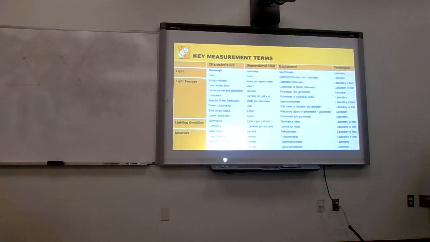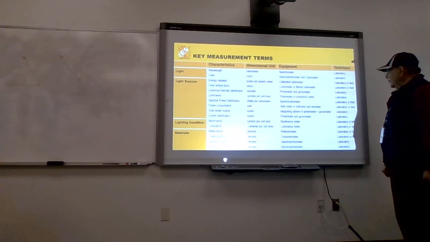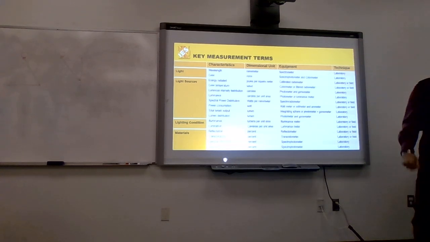Beyond that, we're going to show you examples of the goniometer and, let's see here, where's the other one? Oh, there's a watt meter. We're not going to show you examples of that. Well, I'll show you some examples coming up.